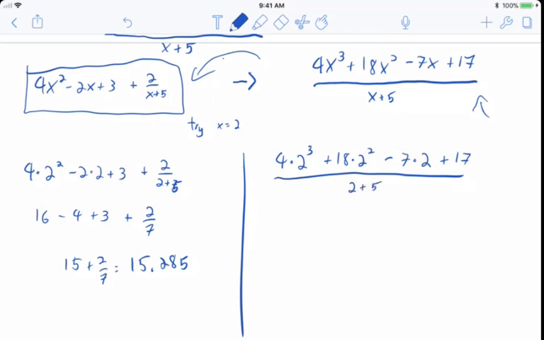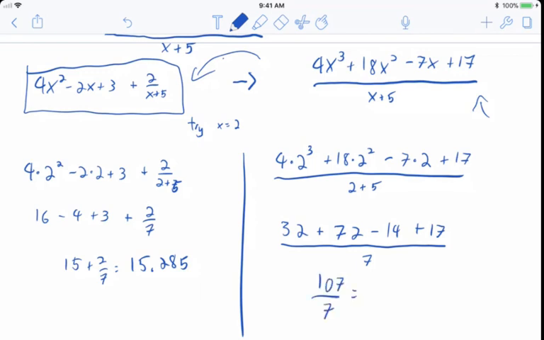Okay, so the first term is 4 times 2 times 2, 32, plus 18 times 4, 72, minus 14 plus 17. So 32 plus 72 minus 14 plus 17 is 107, divided by 7, which gives us 15.285.